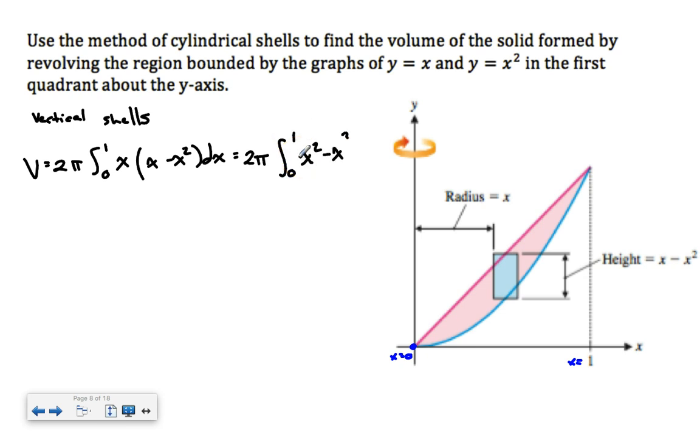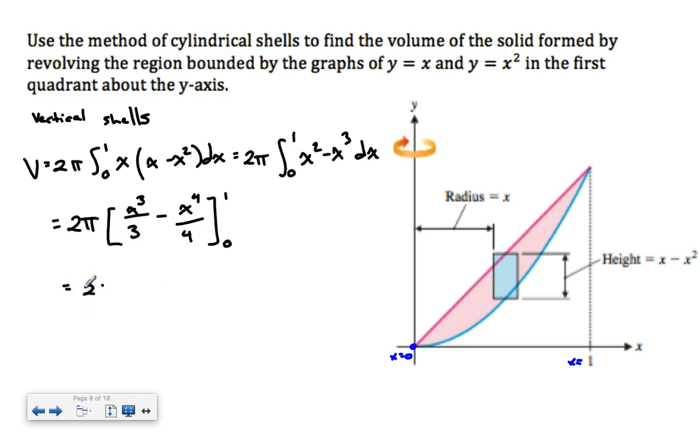minus x cubed dx. Taking the antiderivative of the inside, it'll be 2 pi times x cubed over 3 minus x to the fourth over 4. And we're going to evaluate that from 0 to 1. Since 0 is my lower limit, I don't need to evaluate it.